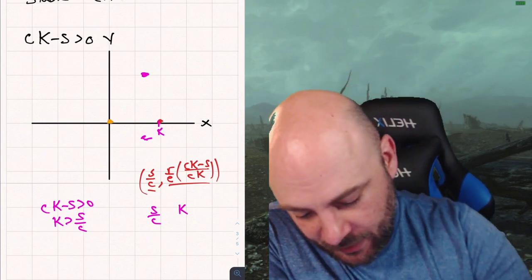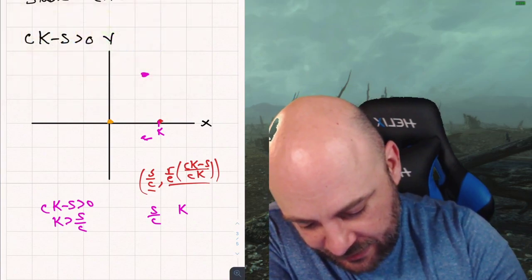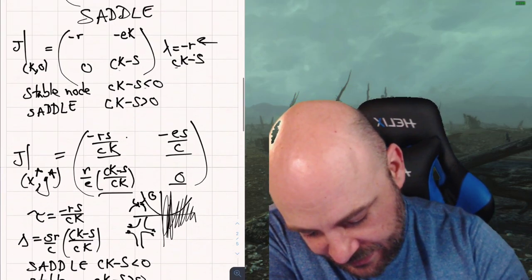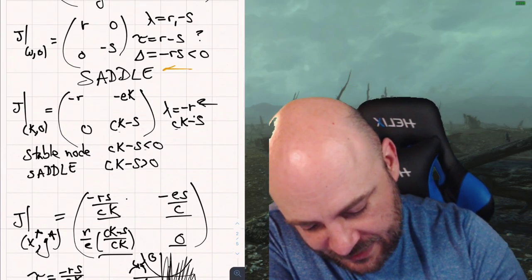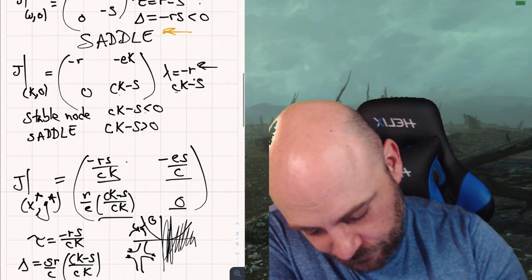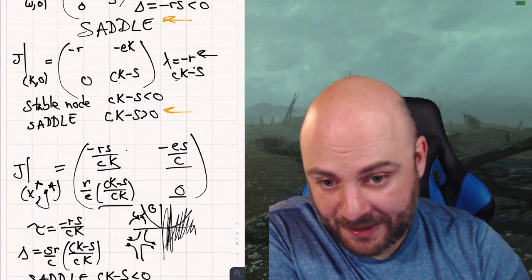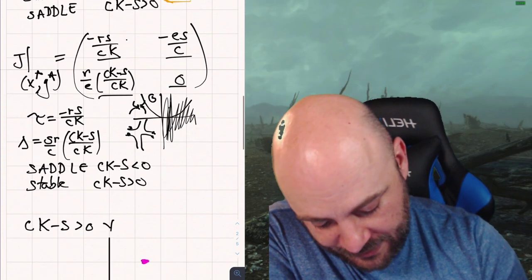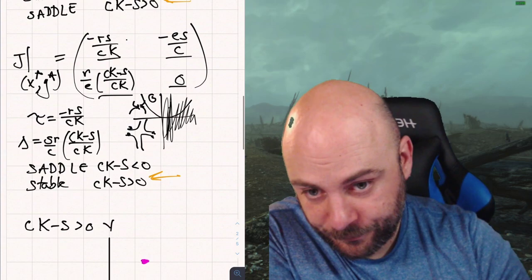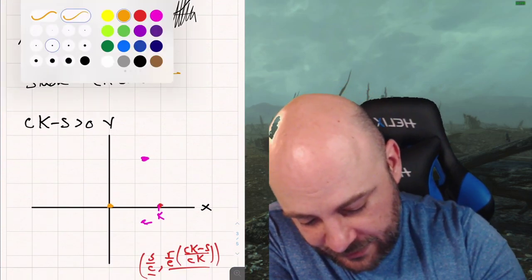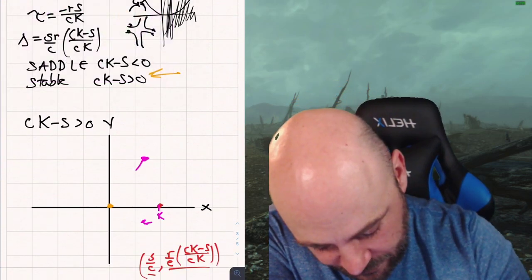Okay? All right. Now, if we're in this case, my origin is a saddle. This axis equilibrium is a saddle, and this equilibrium is stable. Okay, so to fill in these blocks, the easiest one to fill in right now is that this one's stable.